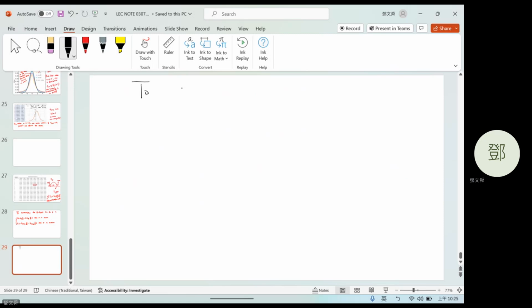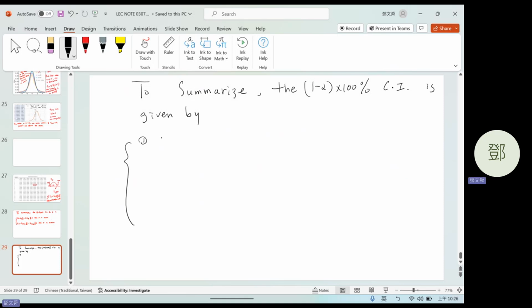So to summarize, the first case: suppose that the value of sigma is known. Right?